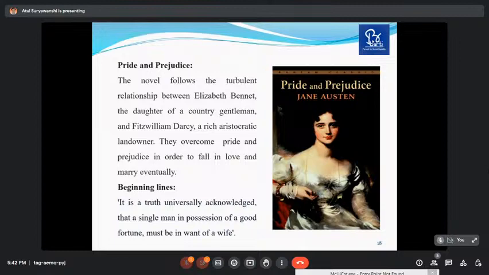Jane Austen says that a girl is in search of a boy to get married who has a well settled job and a lot of money. This is the expected intended meaning. So the lines are very significant. Please remember the lines. It is a truth universally acknowledged that a single man in possession of a good fortune must be in want of a wife, by Jane Austen in Pride and Prejudice.